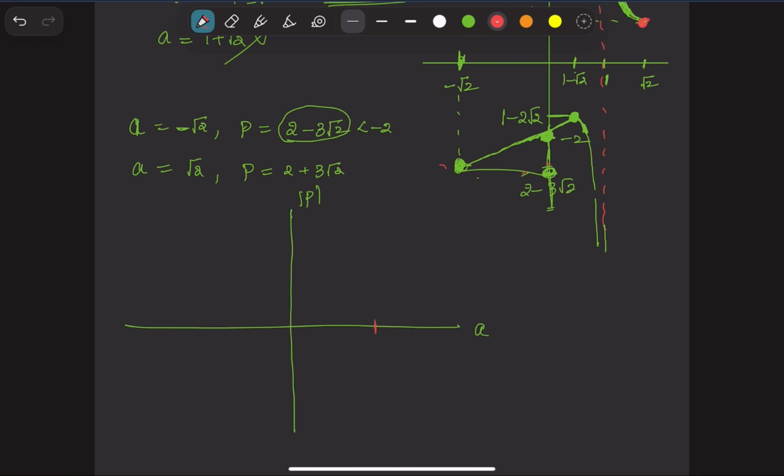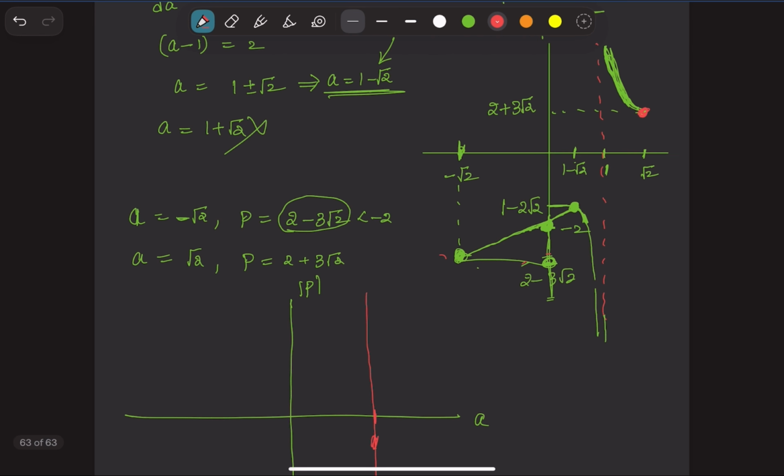Let us say A is equal to 1 is your asymptote, and this part of the graph will remain the same. So this value is 2 plus 3 root 2.